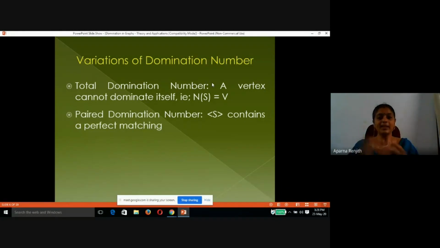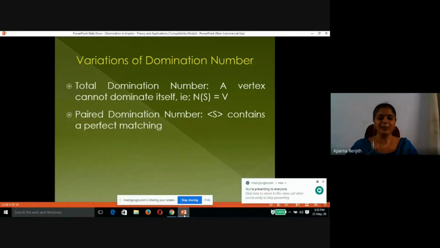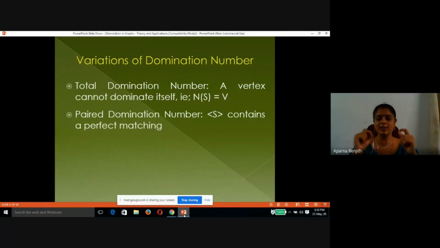When moving to military, we need even stronger security measures. So we were talking about paired domination number. It was related to the buddy pair concept. Every vertex outside S must be adjacent to some vertex in S, and apart from that, there is a perfect matching within S. That is, every vertex in S is related to some vertex in S itself, and these two are supposed to take care of each other.